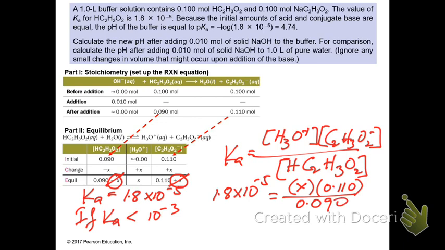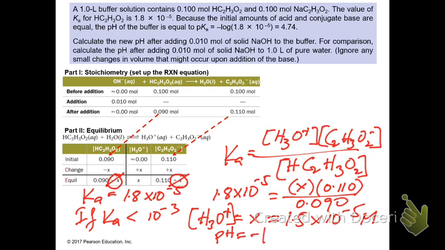All right, and then you just isolate x here by itself. So we have roughly 1.5 times 10 to the negative 5. This would be the concentration of the hydronium ion. Again, you can just plug this into the equation for pH, which is the negative log of the concentration of H3O+.